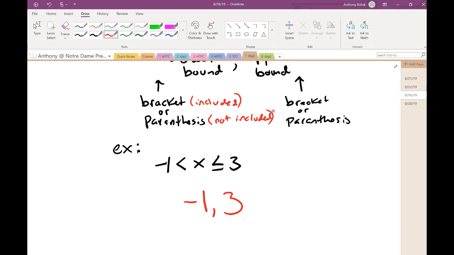So if I look at the -1, if I put -1 in for x, is that true? Specifically, we'd be caring about this part, right? Is -1 less than -1? No, right? Everybody agree with that? So that indicates to me that -1 is not a member of this set. It's not included. I should have a parenthesis for the -1.